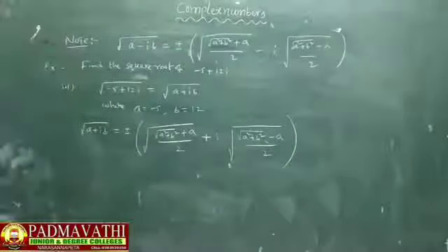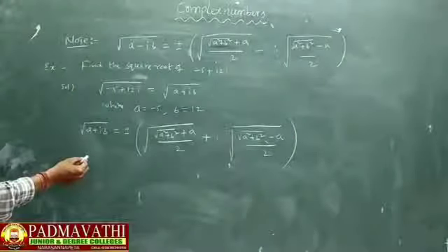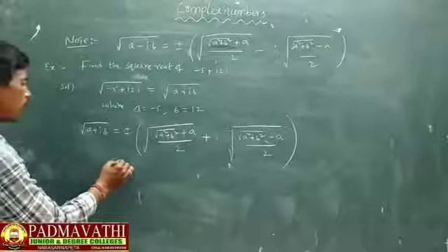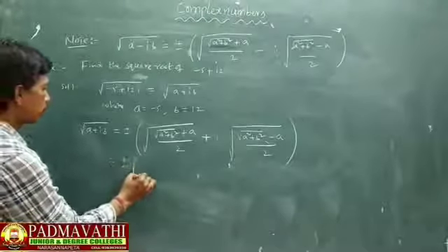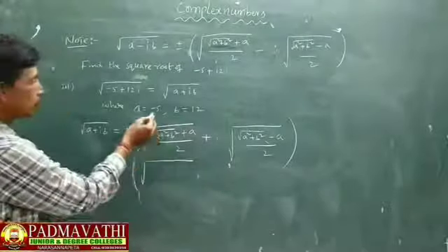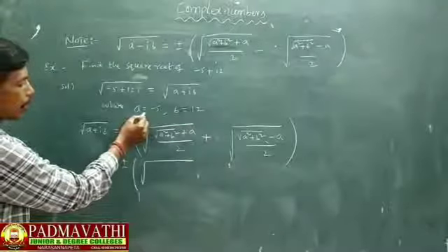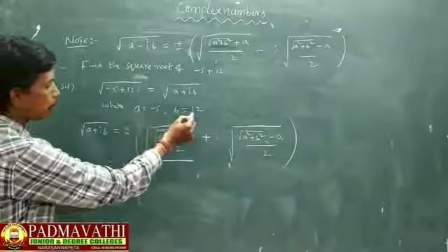It is the formula of the square root of the complex number. So that is equal to, substituting the values a equals minus 5 and b equals 12.